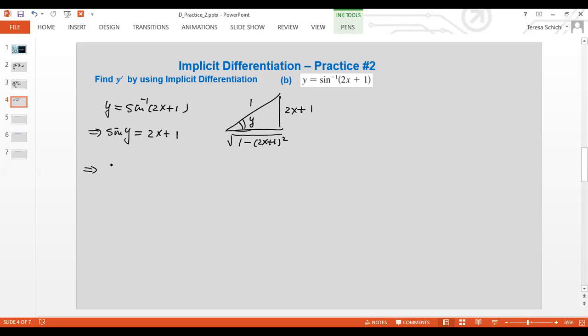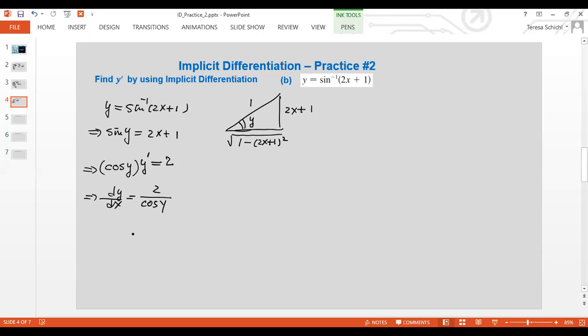Okay, so now after we do that, let's check the derivative. Sine y, what is the sine y derivative? It's cosine y, right? We did many previous practices on how to find implicit differentiation. Every time I take a derivative of y, what do I need here? Y prime, right? Okay, so now the 2x taking a derivative is 2. 1 taking a derivative is 0. So now I have the dy dx is equal to what? 2 over cosine y here, right?